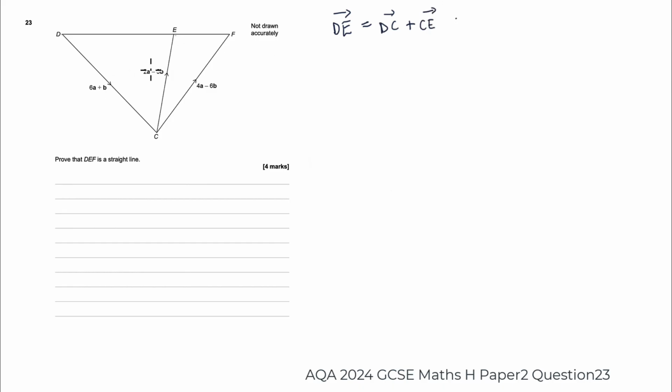Now in terms of these vectors, what does this represent? Well, DC represents 6A plus B. And what does CE represent? It represents 2A minus 5B.